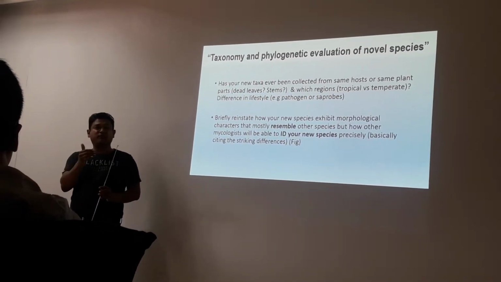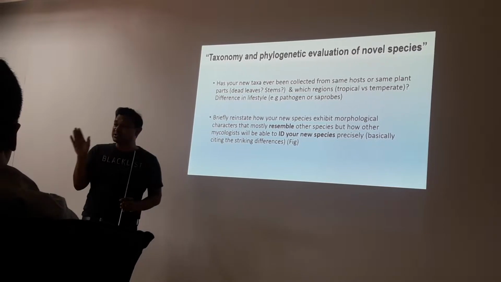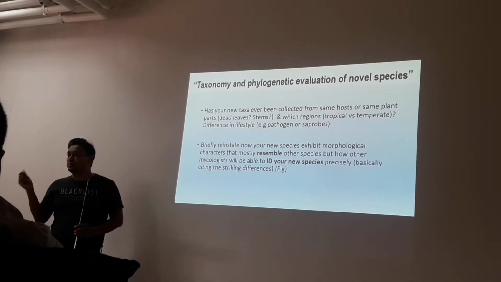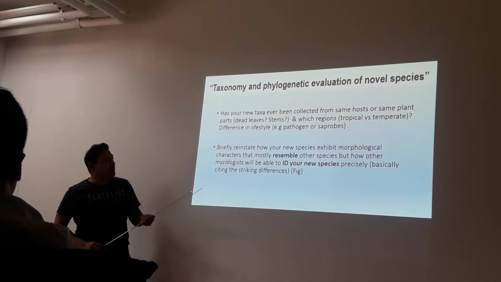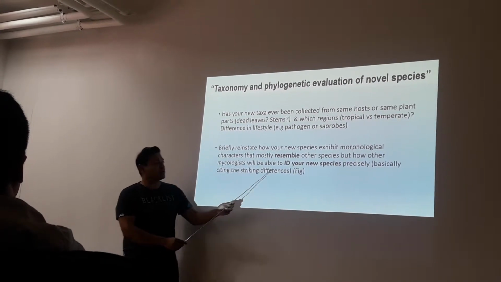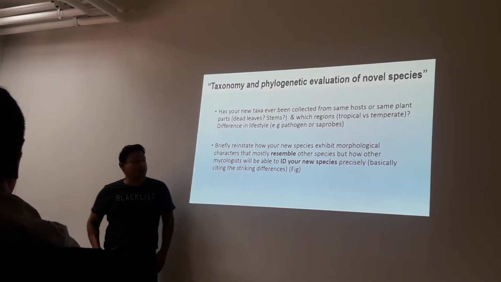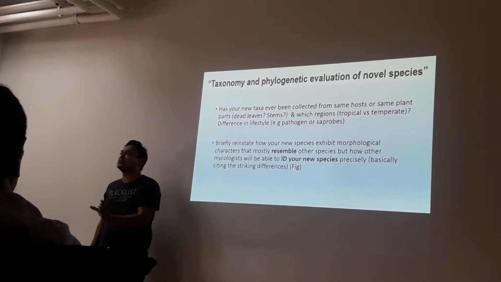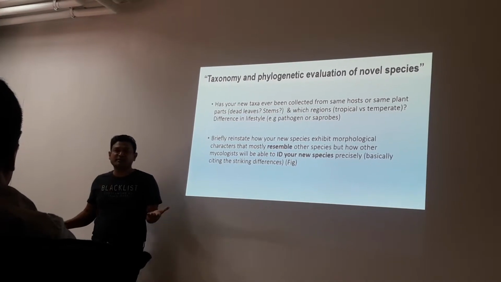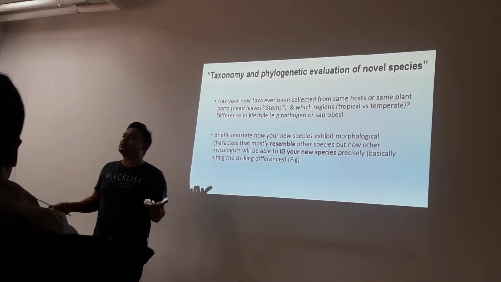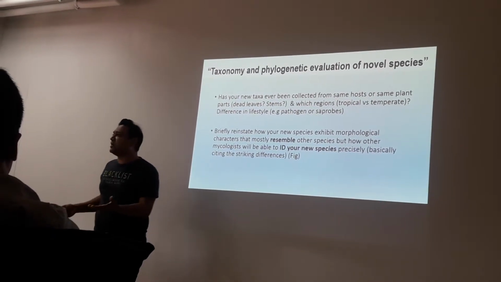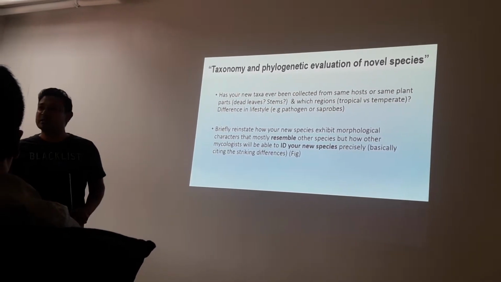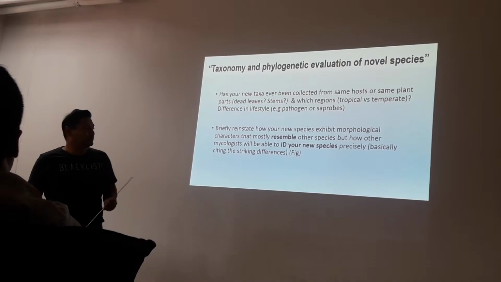But if you are going ahead and describing a new species, then you should be able to mention as well how other mycologists will be able to identify your new species precisely. It should have something in there for it to be new. You should provide evidence as to why you think your species is a new one.